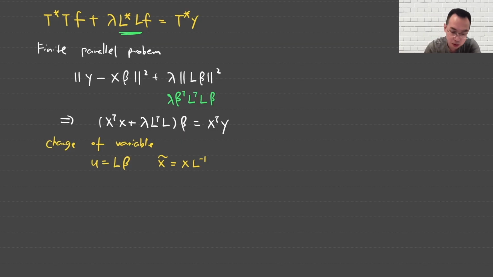Applying this change of variable, we can rewrite the objective as the two norm of y minus x tilde u, plus lambda times the two norm of u. So this becomes just our ridge regression problem.